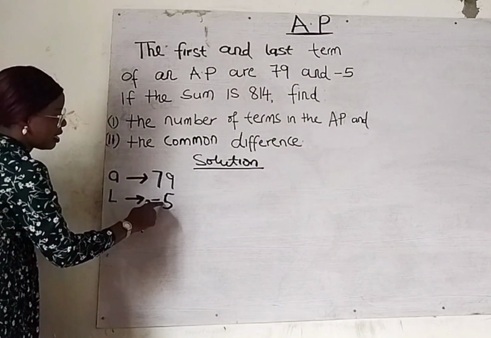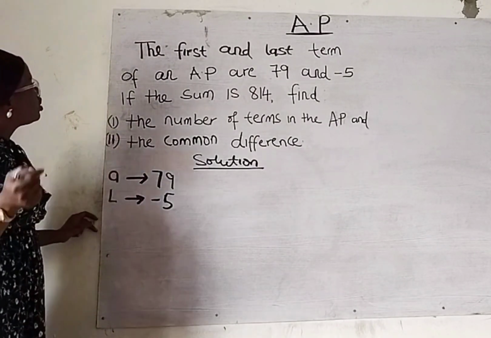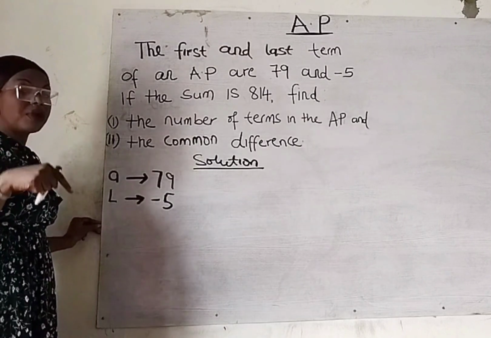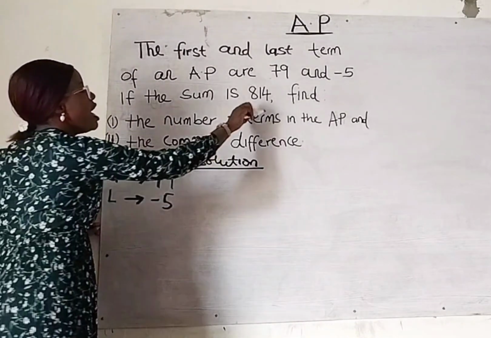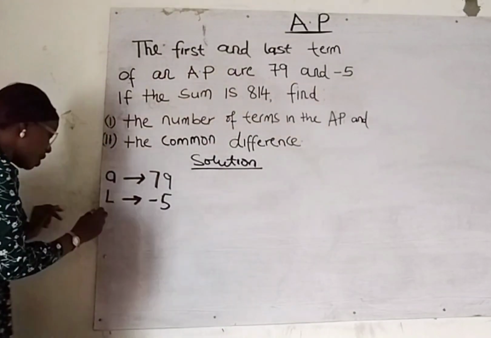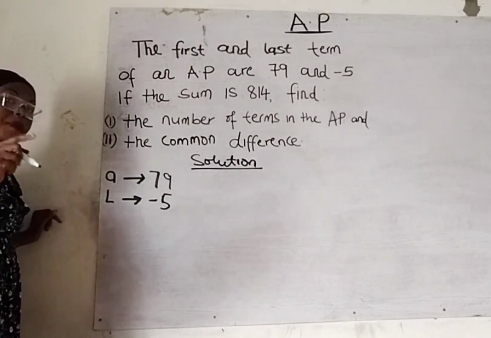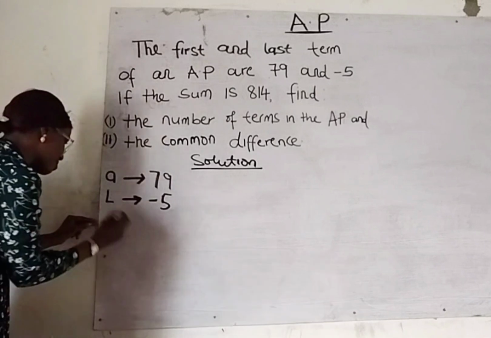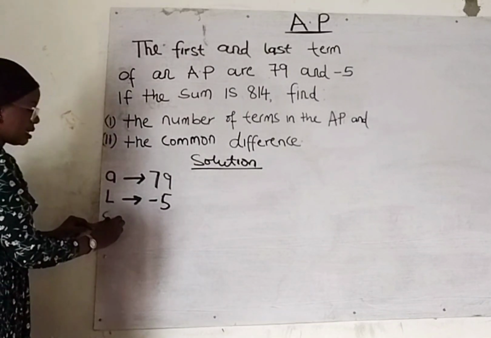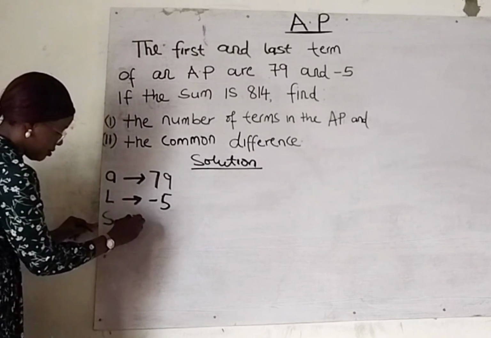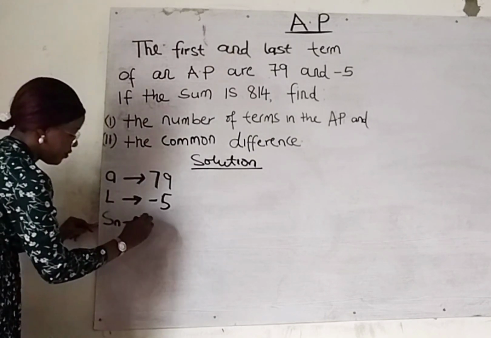Another data? Yes. They told us the sum of the AP is 814. So sum is represented in AP by Sn. So I write Sn, representing sum, is 814.